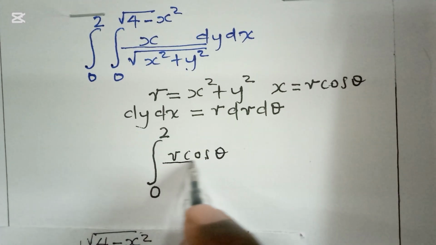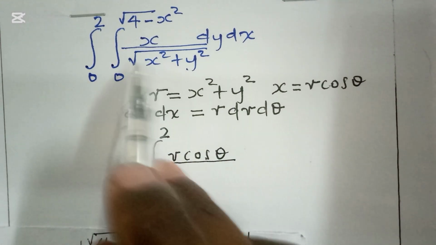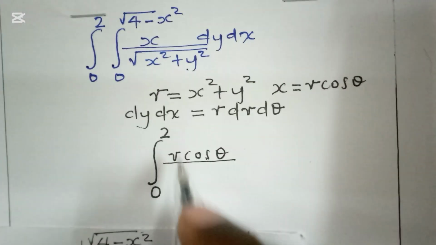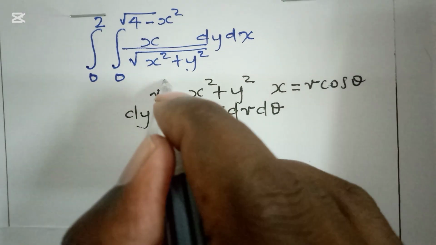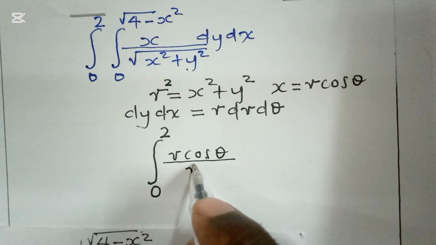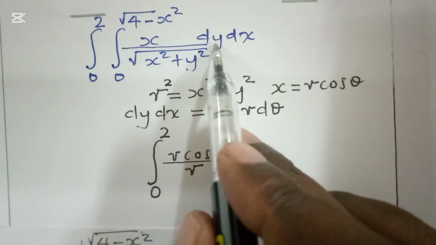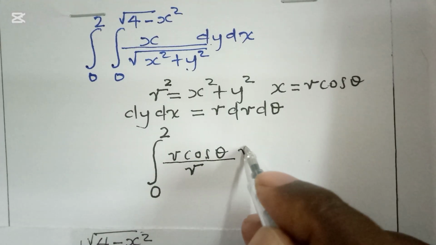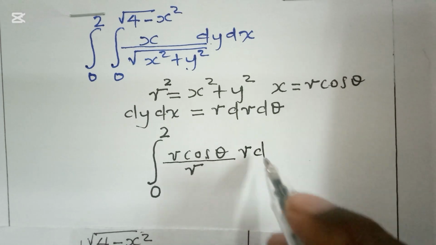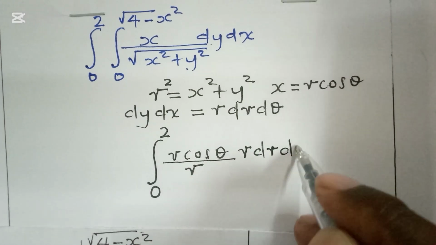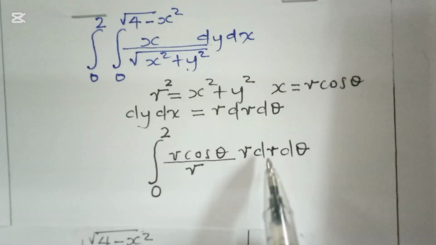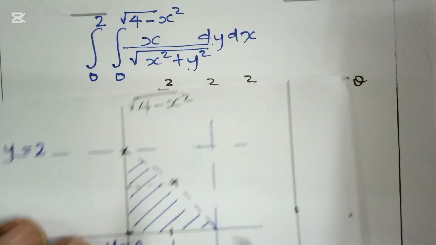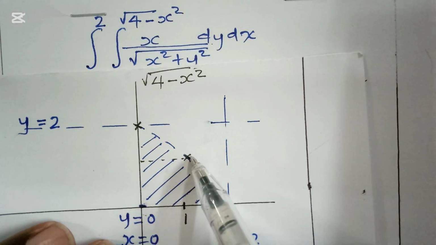all over the square root of r squared, this is squared, so this is going to be r. Then instead of dy dx, we are going to have r dr d theta. So integrating with respect to r, we are going to move from the radius 0 to 2.